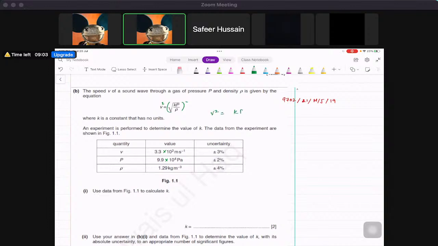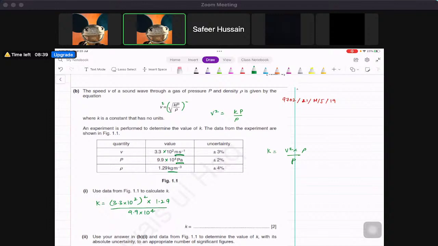So make k the subject, so v square times rho over p. So k would be equal to, what is v? 3.3 times 10 raised to 2 whole square. What is rho? 1.29 divided by 9.9 times 10 raised to 4. I also checked that all of these are in SI units, so I don't need to convert anything.